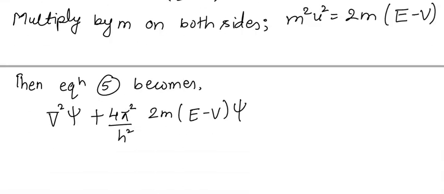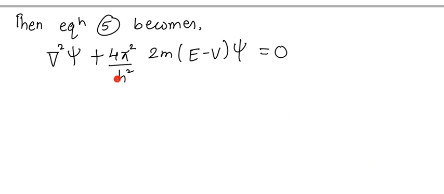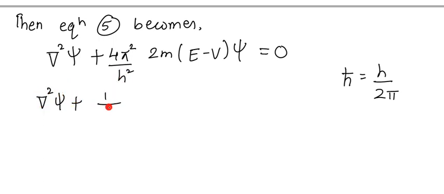Okay, psi is over there already, and the right hand side is already 0. Okay, now I just show you that h cut is basically h by 2 pi. Okay, h cut is basically h by 2 pi. So nabla square psi plus you can just write h square by 4 pi square.